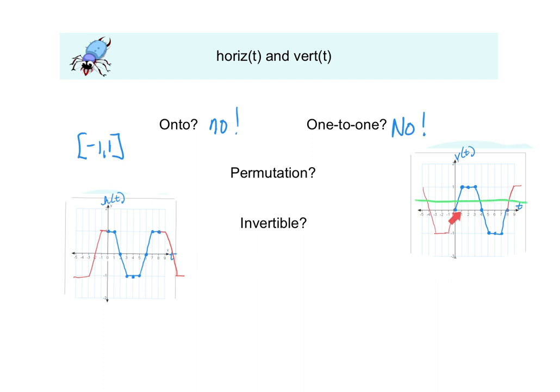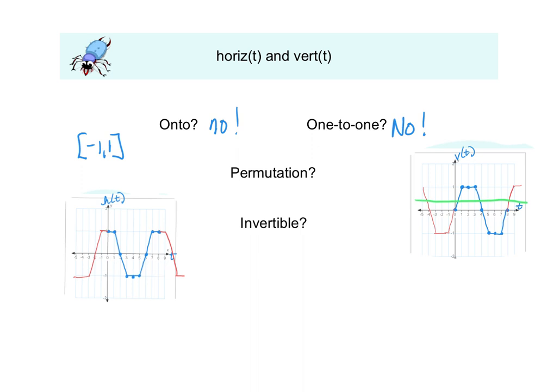And you can see that here's an x value mapped to that y. Here's another x value mapped to the same y. Another x value mapped to the same y. To pass the horizontal line test, any horizontal line you draw on a graph can intersect at most one place. Neither of these is 1-to-1.